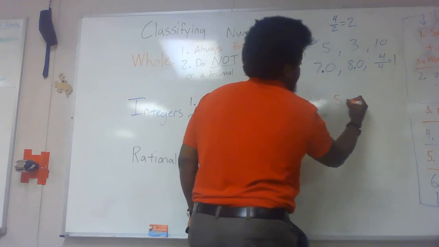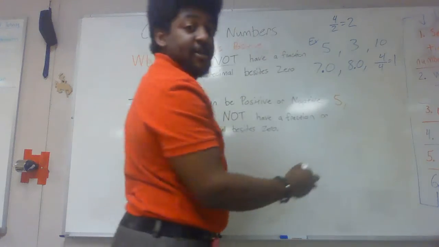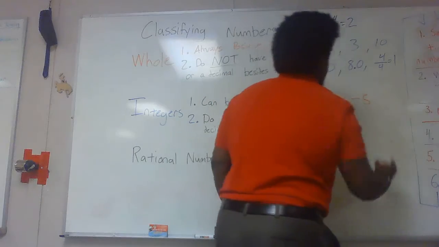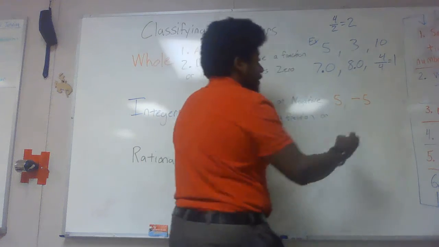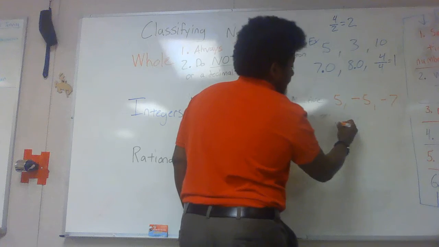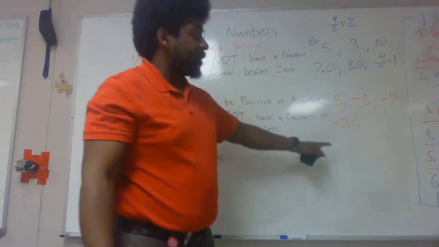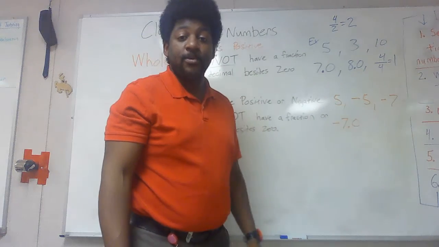Just like 5. 5 is still an integer, but since we can include negative numbers, -5 is also an integer. -7, or even -7.0 is an integer because the decimal does not have any value.